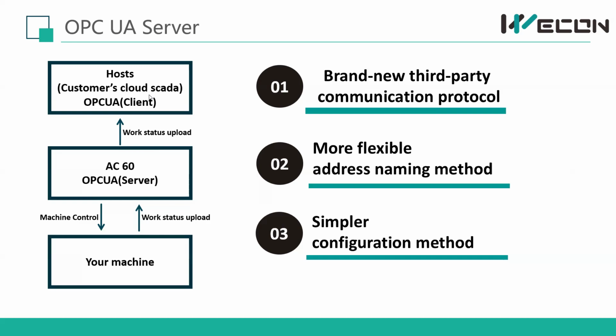Sometimes your customer needs some cloud SCADA or some local SCADA. If it supports OPCUA, you can use this protocol to control your system better. Just like in this picture, our PLC can control your machine, and it can send the work state of your machine to the host, your own SCADA, by this protocol.